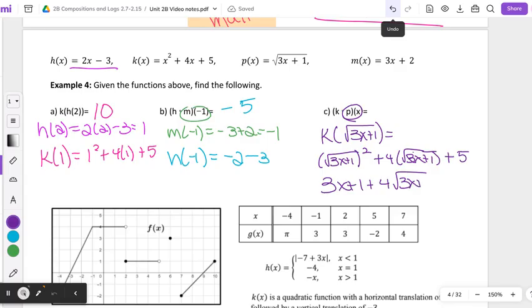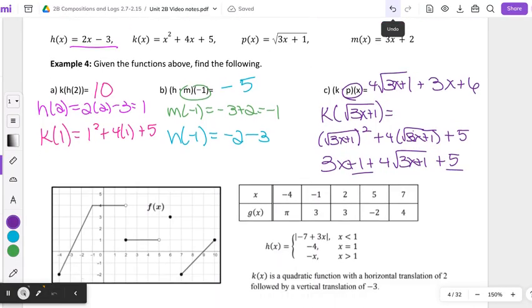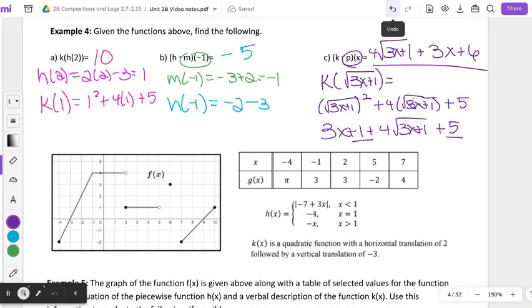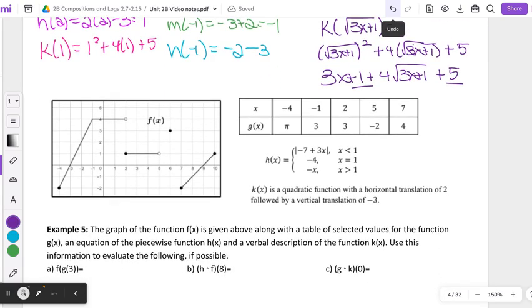Over here, just going to have a coefficient of 4 on that radical. So if we simplify, I'll have 4 times square root of 3x plus 1 plus 3x, and then plus 6, because I can only combine the 1 and the 5, sorry. So that is our function.